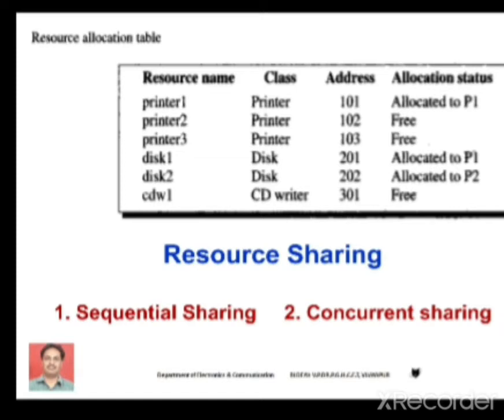For example, printer 1, 2 and 3 belong to the class called printers. Similarly, disk 1, disk 2, their class is disk. And remember, each device we have in the computer is assigned a unique address. That address is maintained in the third column, and the fourth column indicates the allocation status. The allocation status means whether the resource is already allocated or whether it is free to allocate.